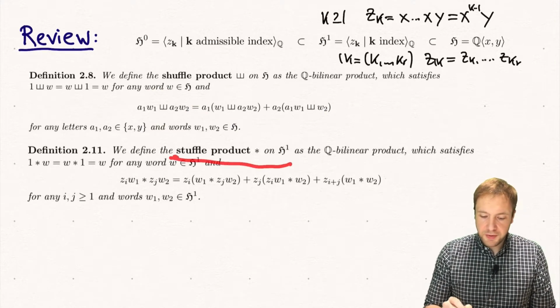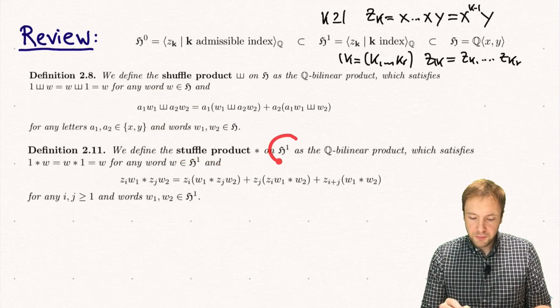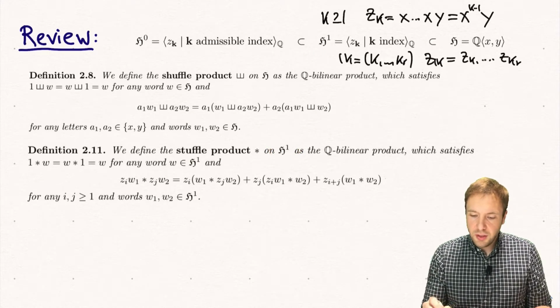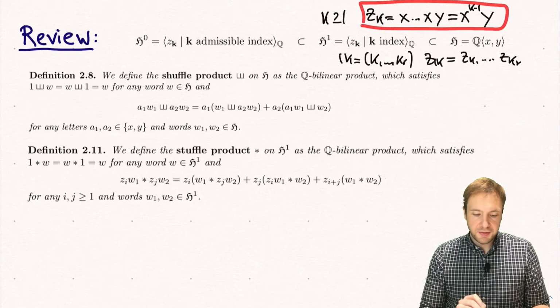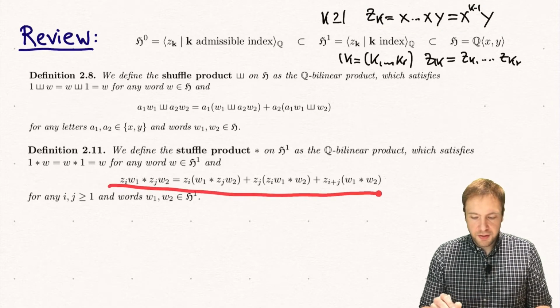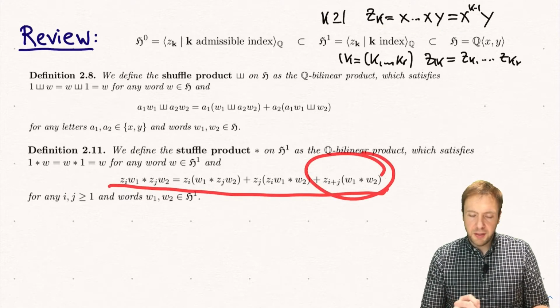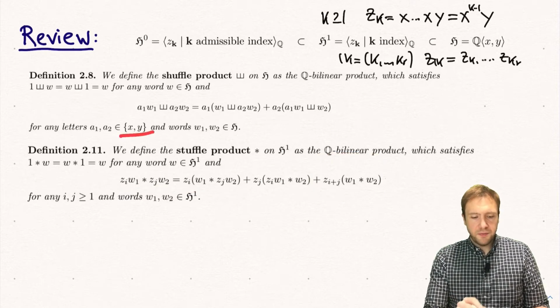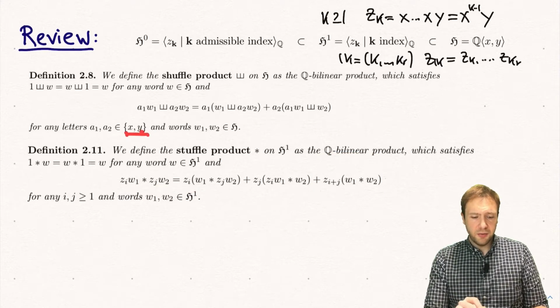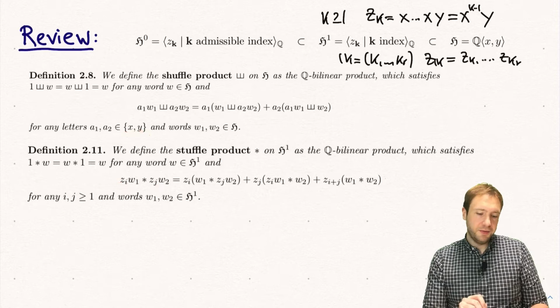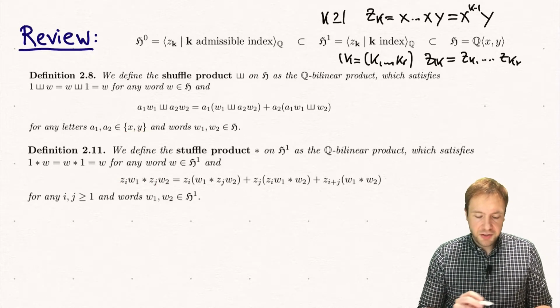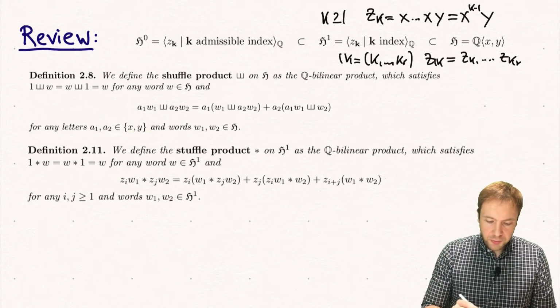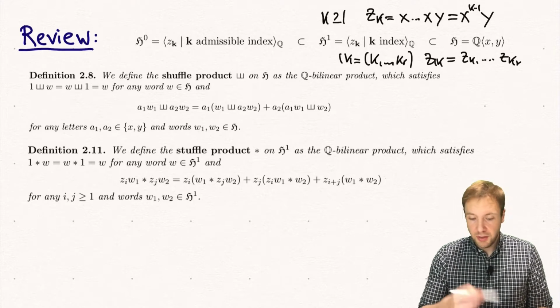And then we also defined the stuffle product, but this we defined on the space H1, because for this definition we needed these letters z_k, and this was defined in a similar way, except that there's some extra term here. And now instead of taking these letters x and y, we take these letters z_i and z_j. And then we saw that we get an algebra.